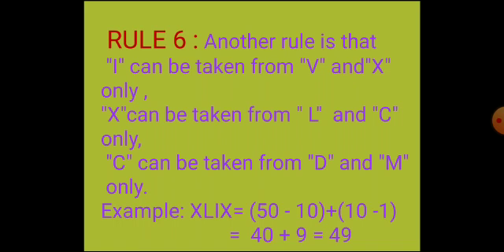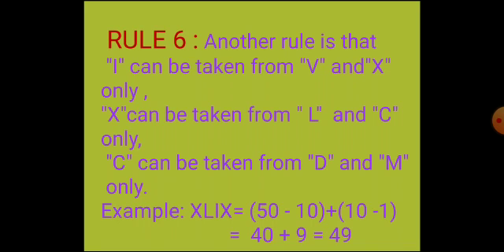The order of Roman numerals is I, V, X, L, C, D, M. So I can be taken from the next two Roman numerals V and X only. X can be taken from the next two, L and C only. C can be taken from D and M only. Taken from means we can subtract. I can be subtracted from V and X only. X can be subtracted from L and C only. C can be subtracted from D and M only.